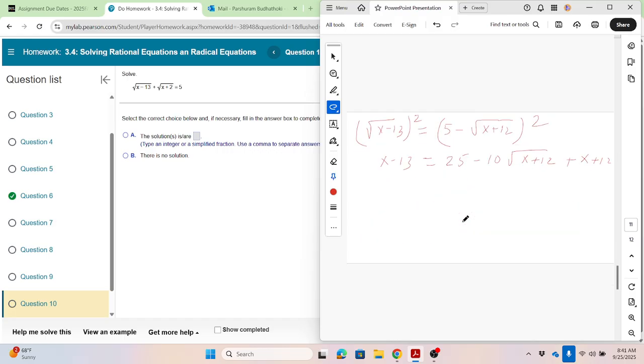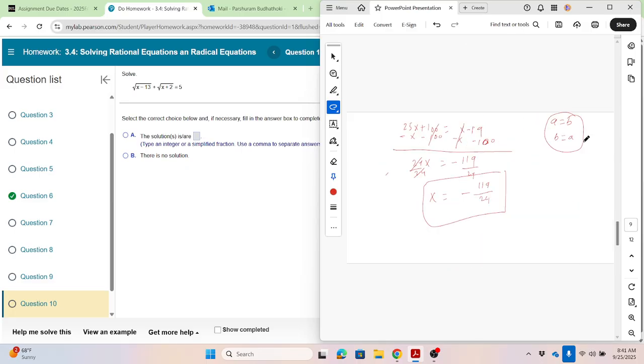So we go back here, we bring everything to one side and the radical only on the other side. So I'm going to subtract x, and then 25 plus 12 is 37, so subtract 37. So that will cancel this 25 and 12.